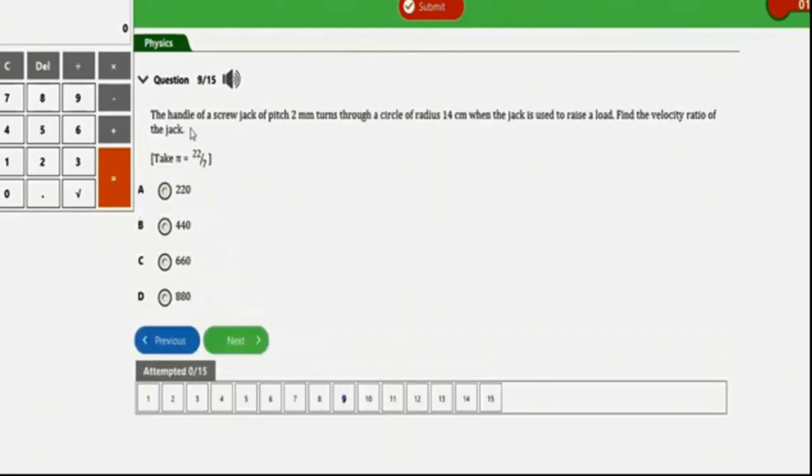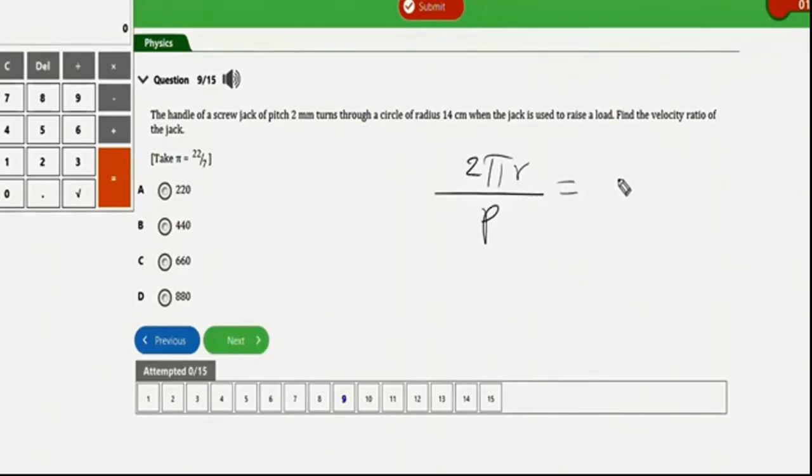It says the handle of a screw jack of pitch 2 mm turns through a circle of radius 14 cm. When the jack is used to raise a load, find the velocity ratio of the jack. For this question, to find the velocity ratio, what you need is the formula. The velocity ratio will be 2 pi r over p, p being the pitch.